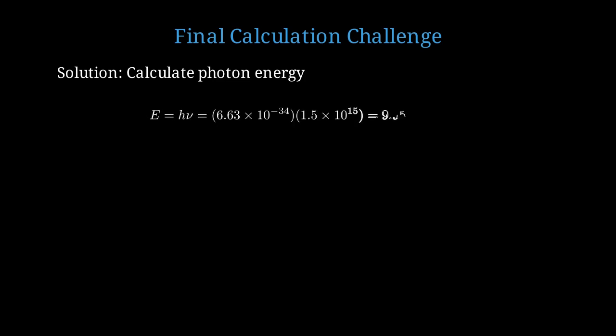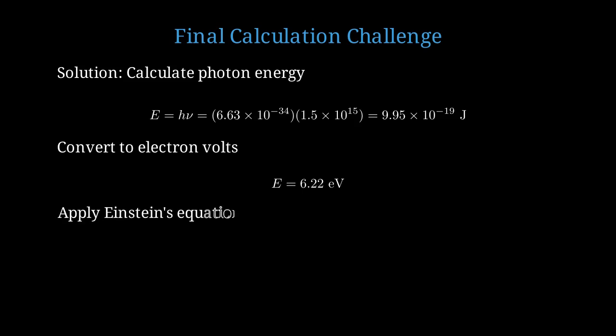E equals h nu equals 9.95 times 10 to the minus 19 joules. Convert to electron volts. 9.95 times 10 to the minus 19 divided by 1.6 times 10 to the minus 19 equals 6.22 electron volts.